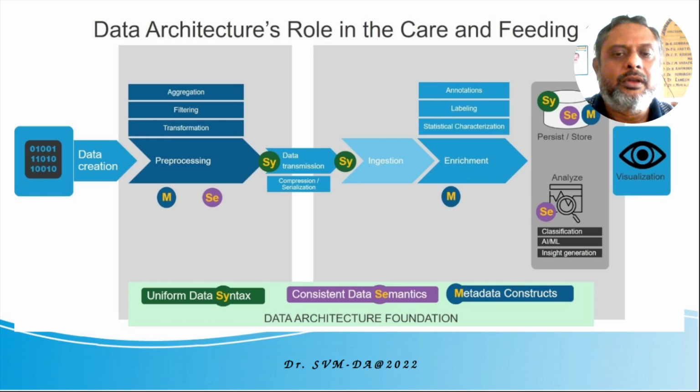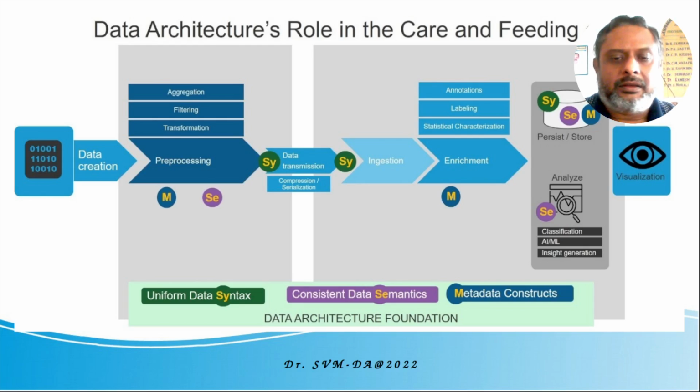So that's used to maintain uniform syntax between the two worlds, the pre-processing world and the storage world. On the left side we have the pre-processing world, on the right side we have the storage and analysis world. So proper syntax has to be maintained.